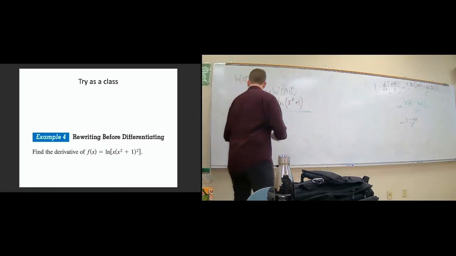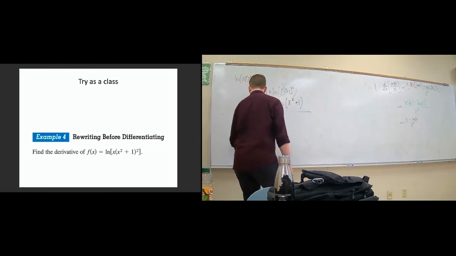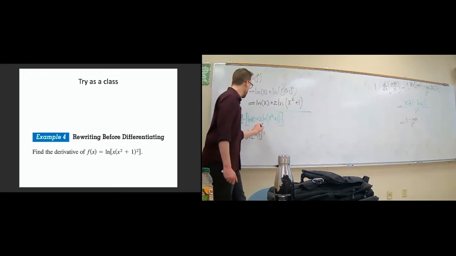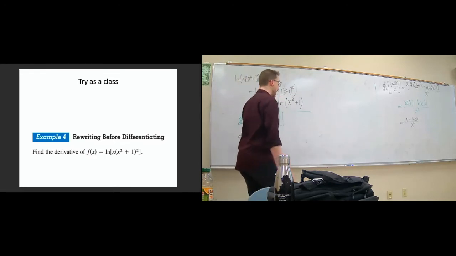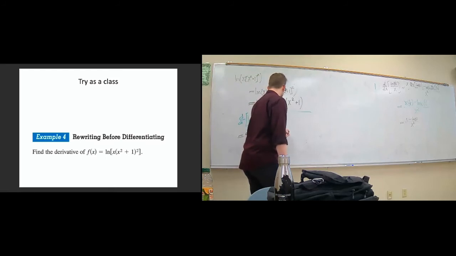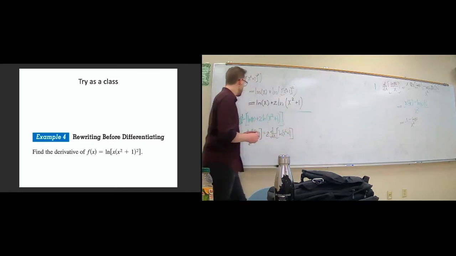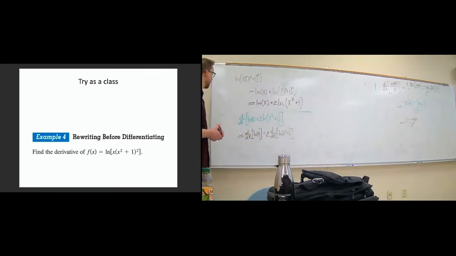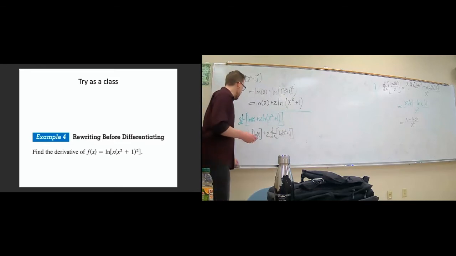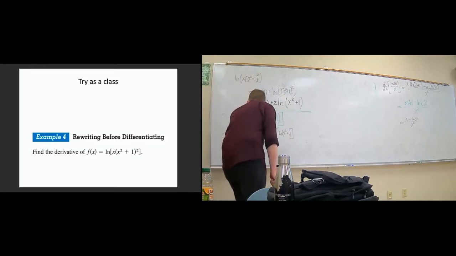Well, this is equal to dx of the ln of x, by the sum and difference rule, plus 2 times, by the constant multiple rule, 2 times the derivative of the ln of x squared plus 1. This thing is going to give us 1 over x. This thing's going to give us 2 times.